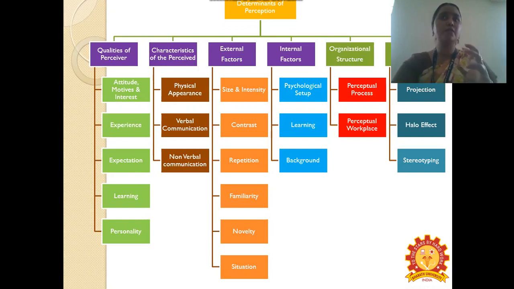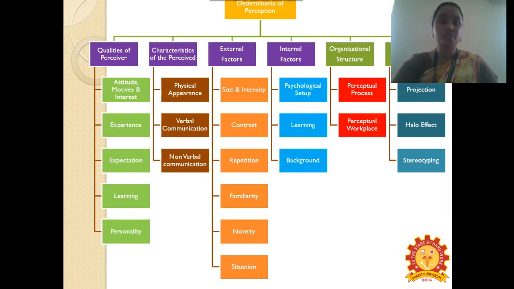Now the people who perceive me when I work with this team will also perceive me to be a very hardworking person, a very much achievement oriented person. So that is called stereotyping, where I am judged based on the group I gel with or the group I belong to. That's called stereotyping. So these are the different determinants of perception.